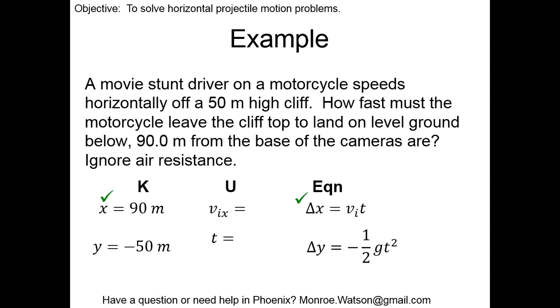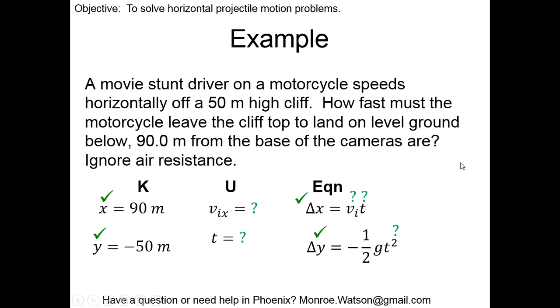What I do is put a check mark over everything that I know. I know x, so I put a check mark there over my delta x. I also know that my y is -50, so my delta y gets a check mark as well. Then I put a question mark over what I don't know, here and here for the time.